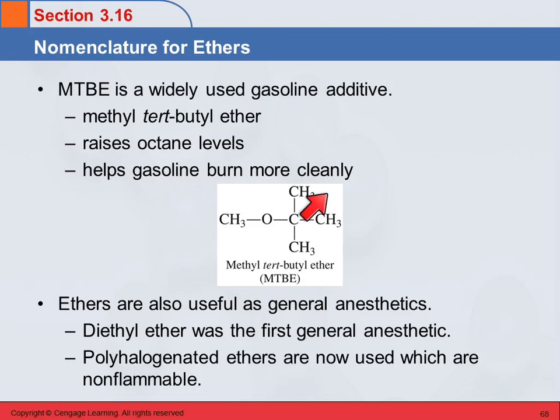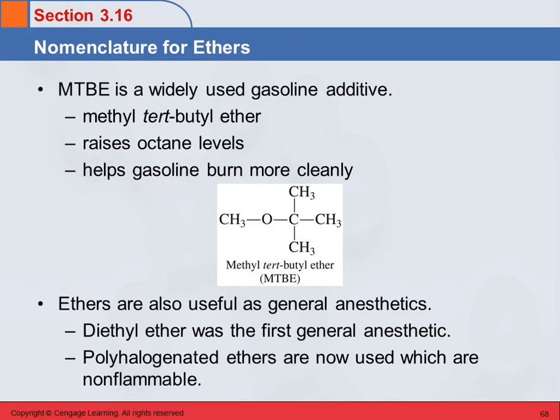Here's its structure. That's in your gasoline. It's put in there for a couple of different reasons. It raises octane levels, and it helps the gas burn more cleanly. They're backing off on the MTBE a little because they're finding that it's been leaking into the groundwater. It hasn't been a big problem yet, but they're saying, okay, maybe we need to back off a little bit and not put quite so much in the gas.